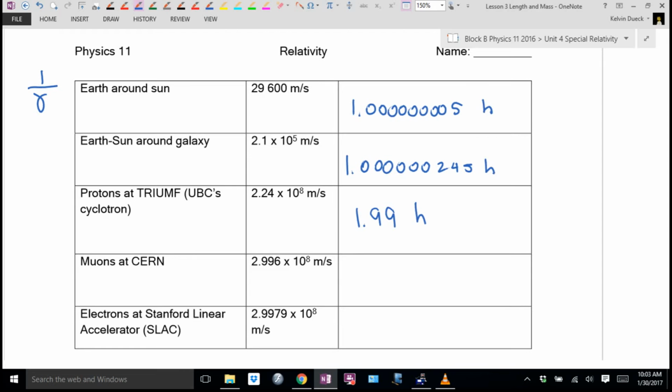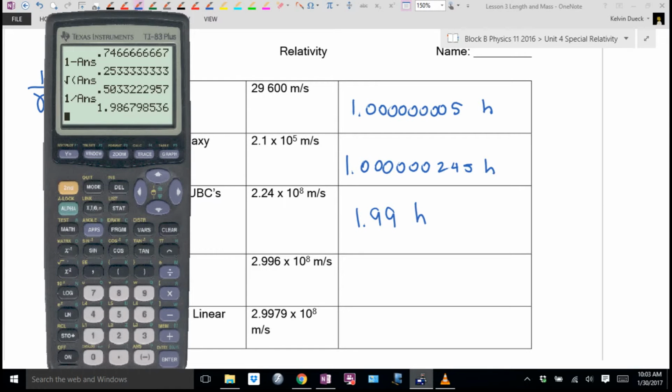We should notice a bigger gamma function, a bigger time dilation. 2.996 times 10 to the 8 divided by 3 times 10 to the 8. 1 minus that, square root, 1 hour divided by that. So for 1 hour for those protons, we get 27.4.